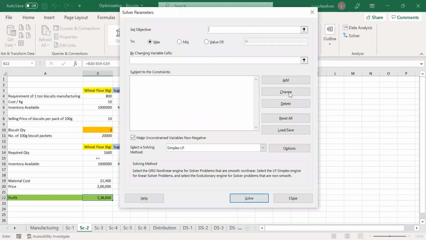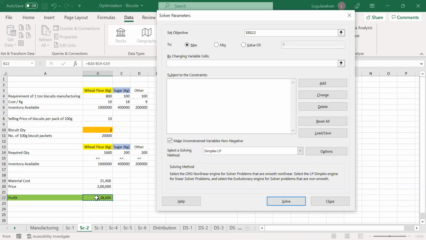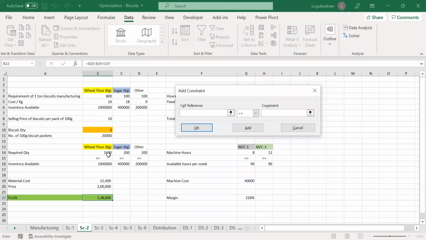So the target is the same, the objective is the same. I want to maximize this, and the variable is also the same. There is no change. The first constraint remains the same, the inventory, so it has to be less than or equal to the inventory level.